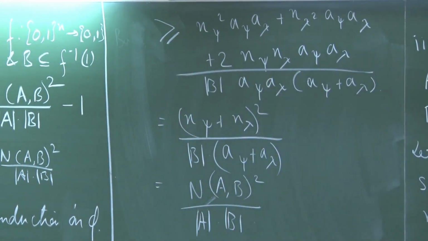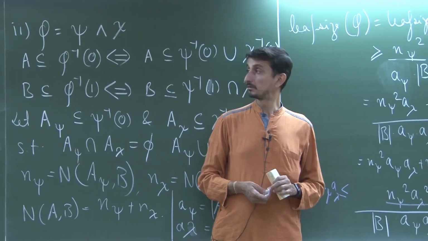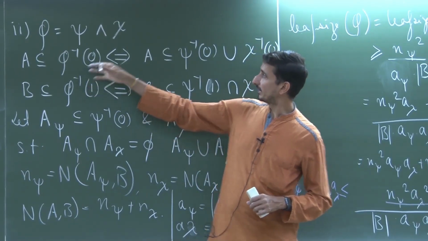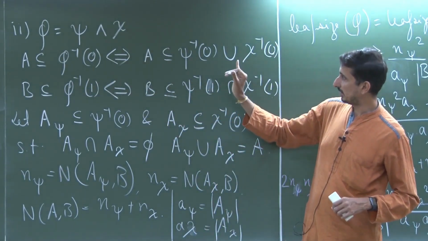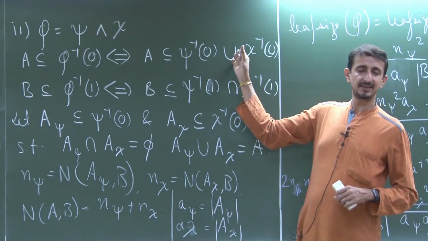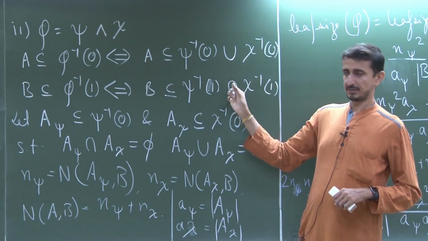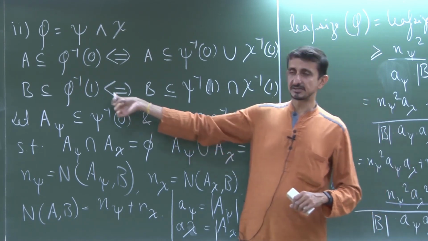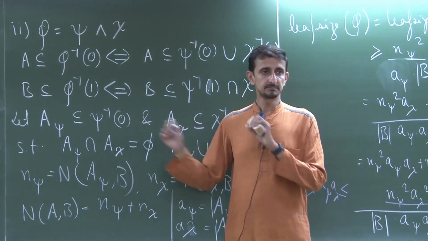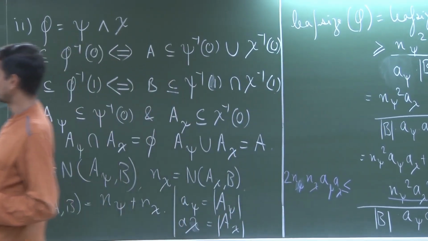And now, what happens if we have OR over here instead of AND? So, if I have OR over here, then instead of union over here, I will have intersection, here I will have union, and I can decide to partition B instead, and I get the same argument. Okay.